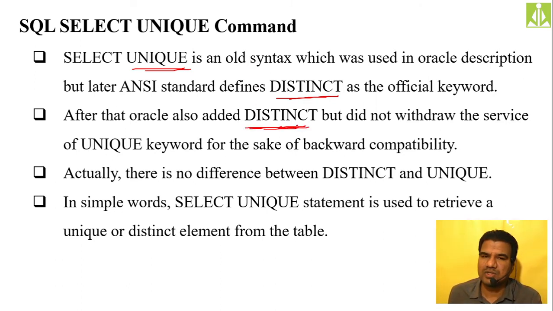Later Oracle also added this distinct into their definitions, and they have not removed unique as well. So now we have two. As we are using the Oracle version of SQL, we can check these two, distinct as well as unique. These two will work in our Oracle version of structured query language.